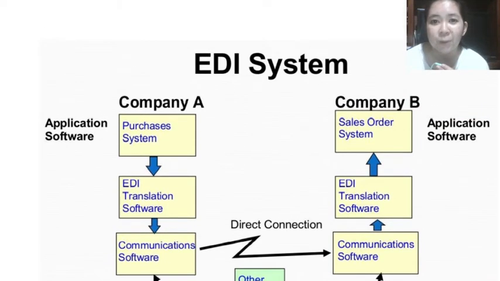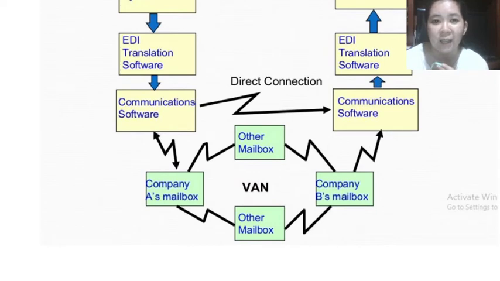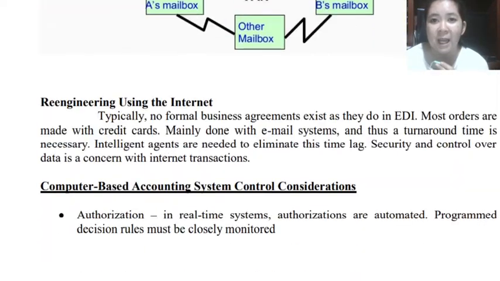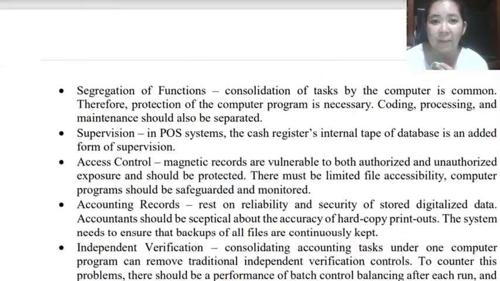Okay, so there will be a sales order system. They also have this translation software and communications. Okay, and then here, through the VAN, the mail order and the order will take place, and the exchange of needed information or data will be considered. So that's how it is in the EDI system.